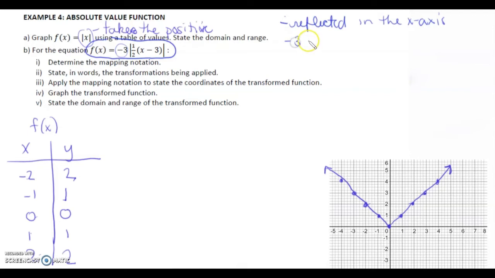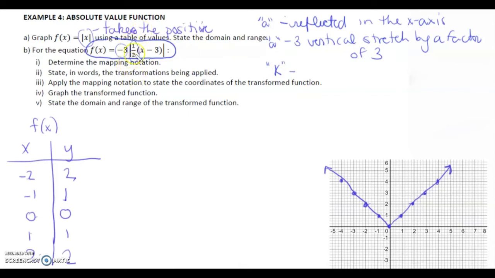The 3 is a vertical stretch by a factor of 3. Okay, and both of these are the a value.